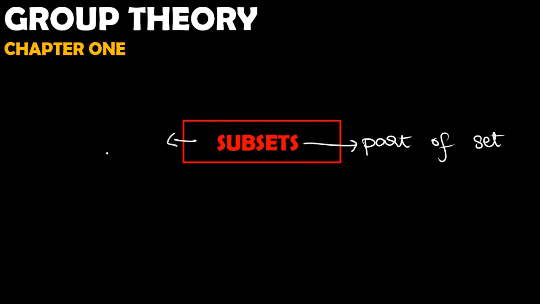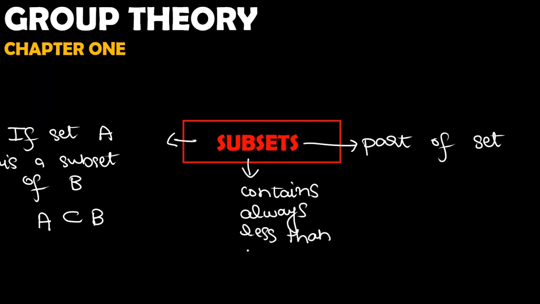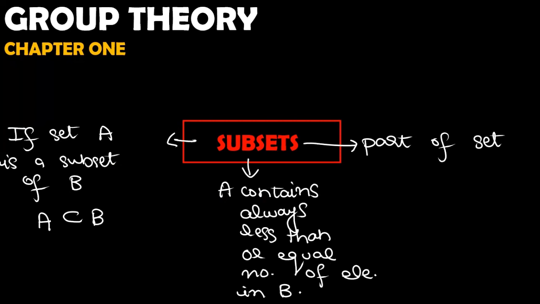If we have a set A, if set A is a subset of B, then it is written as A is a subset of B, and A always contains less than or equal to the number of elements in B. A cannot contain more elements than B. Otherwise, it will not be a subset.